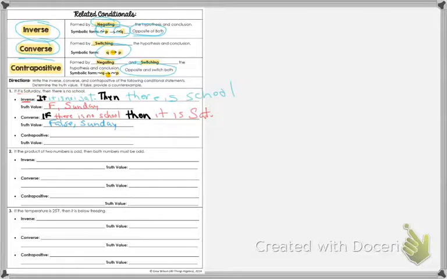Contrapositive. What are we doing with contrapositive? Well, contrapositive says, first we say no to both, we flip them. In other words, we negate or we do the opposite of both, and then we switch them around.